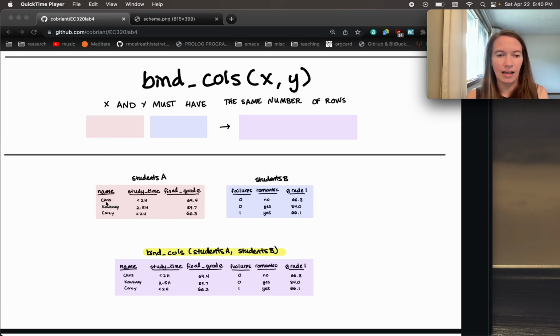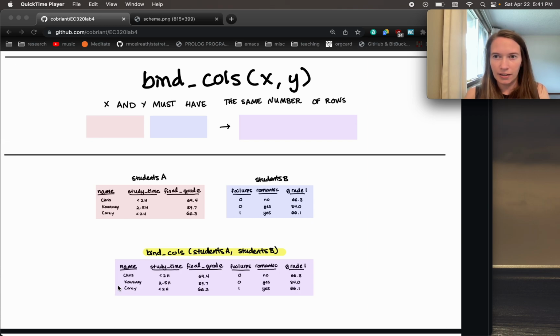So this is saying that Chris's number of failures is 0. Chris is not in a romantic relationship. And then Chris's first semester grade is 66.3. So you would use bind cols to put these two data sets together, and then you have a larger, wider data set with all the variables about all these people. So that's bind cols.